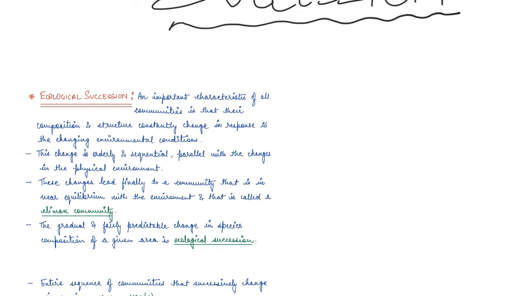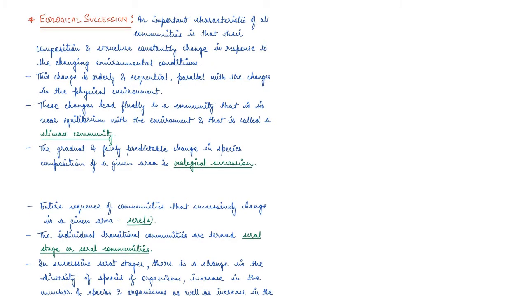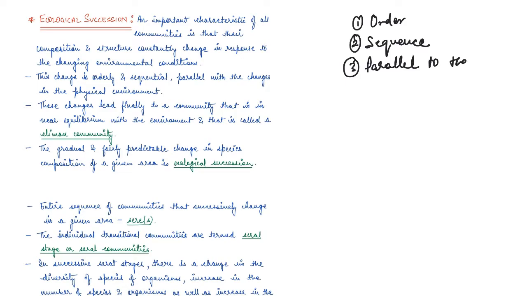This change happens in an order and it is sequential, it happens in a sequence, right? And this change is parallel to the changes which are happening in the environment as well.